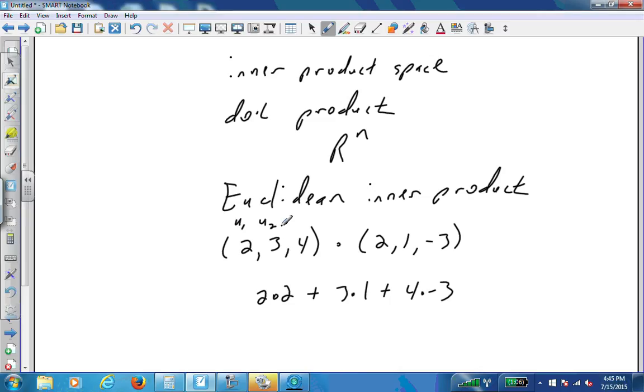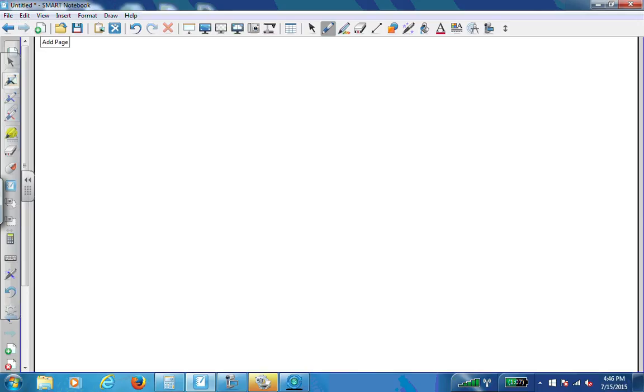It's U1 V1 plus U2 V2 plus U3 V3. So that's our dot product, or our Euclidean inner product. But that can be generalized for matrices, polynomials, etc., as long as they meet certain criteria.